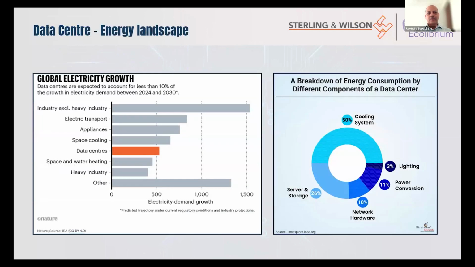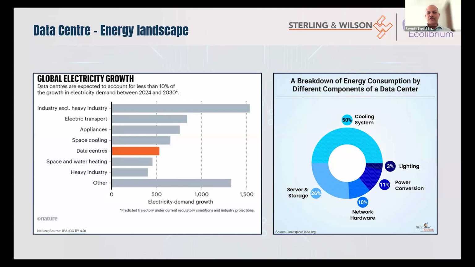Now, if you look at global electricity growth, data centers play a major role within it. People say that in the US, it is already racing towards 10% of the overall consumption of the country, which is a huge number. In India, we are talking about 1 or 1.5 gigawatts as the current data center consumption, which is maybe 1-2%, but it is definitely going towards 5 to 8 to 10% growth.